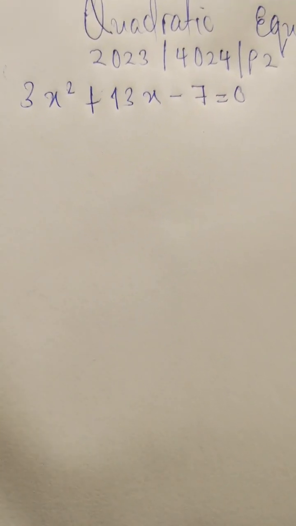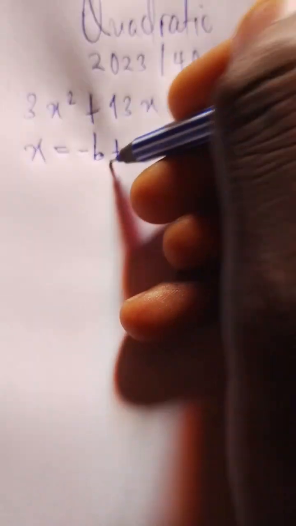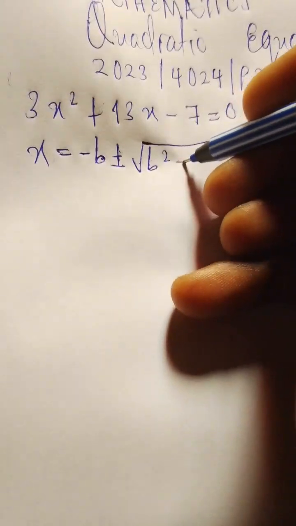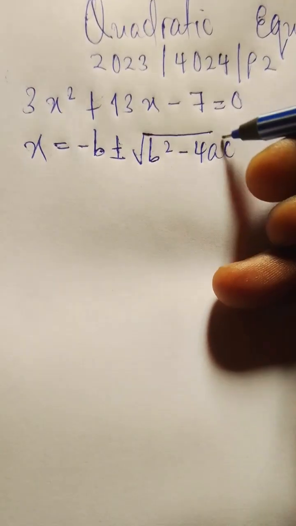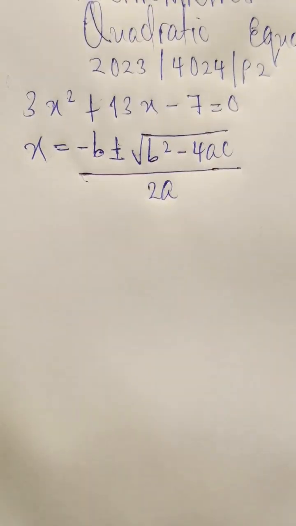So the first thing I'm going to do here is write the formula. I'm going to say x is equal to negative b, positive or negative, square root of b squared minus 4ac, over 2a.